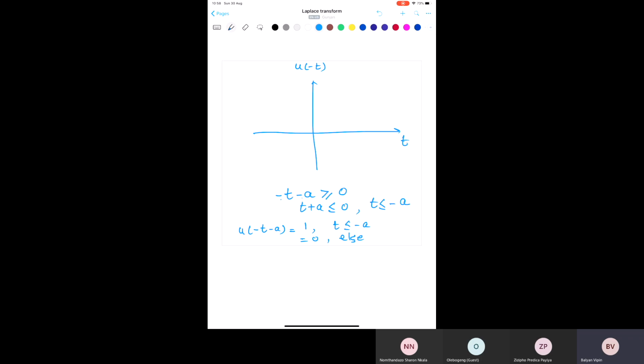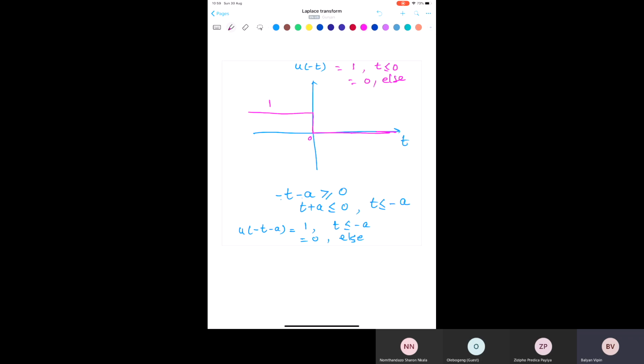So the unit step function we have here is u(-t). That means it equals 1 for t less than 0 and 0 else. So this signal is something like this. It has amplitude 1 for t less than 0, and it is 0 for all values greater than 0.